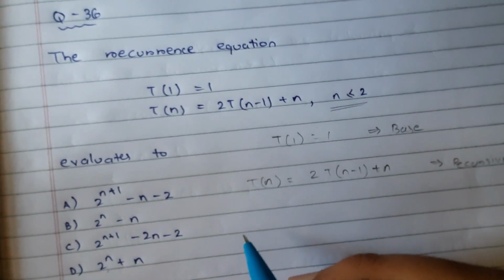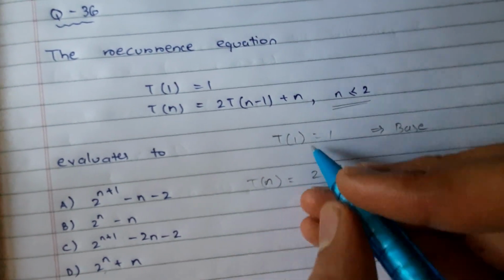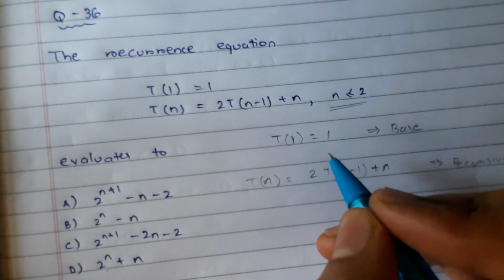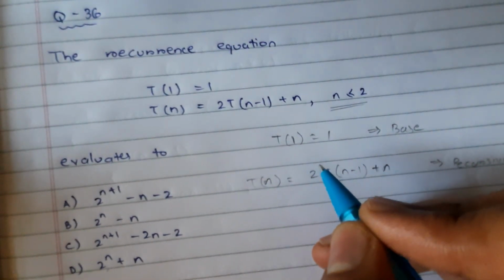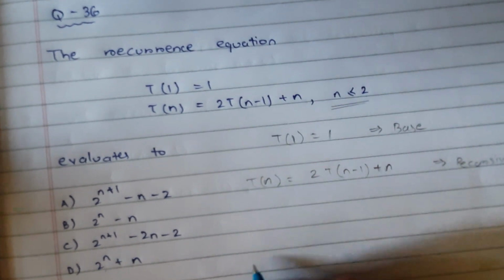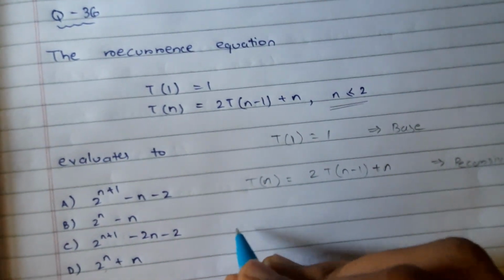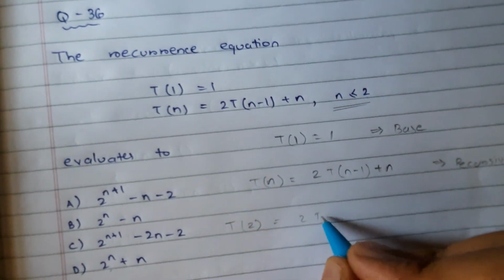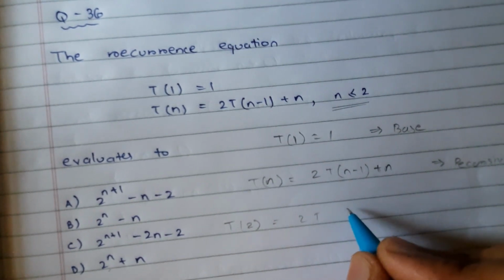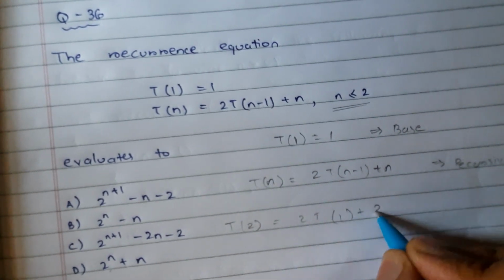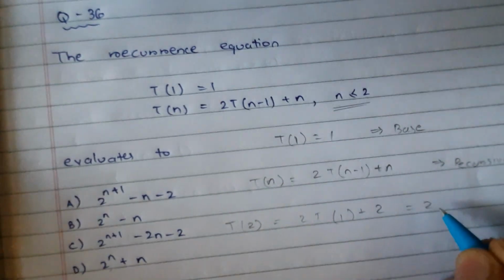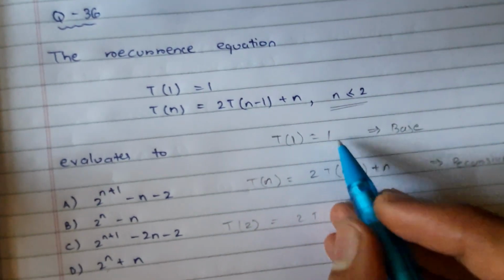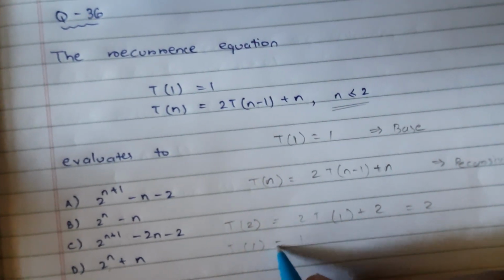So let's start with the base case. The base case is 1, which is straightforward and directly gives us 1. Now we will put values one by one into the recursive equation. Let's start with 2: T of 2 equals 2T of 2 minus 1, that is T of 1, plus 2, which gives 4. Then T of 1 is straightforwardly 1.